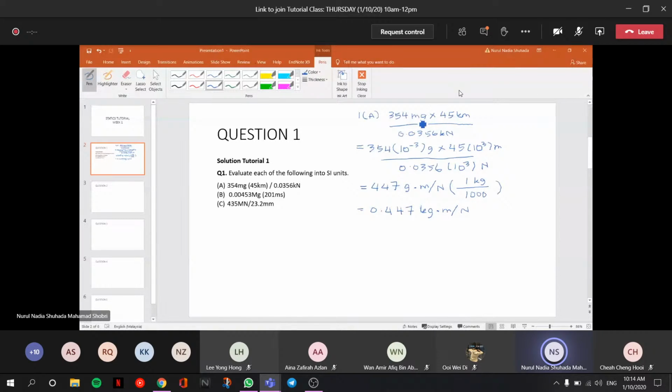So to prevent confusion, between SI unit to the other SI unit, it is advisable to put dot. So this is the answer to question number 1A. So are you guys clear? Does anyone have any problem with the answer?